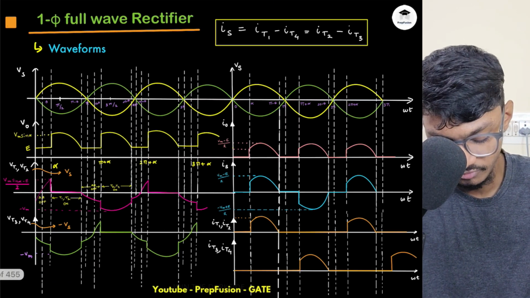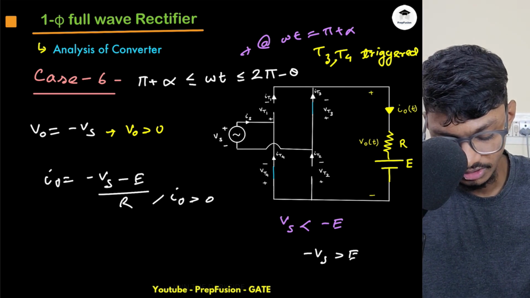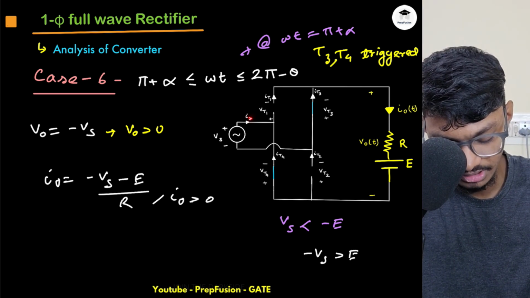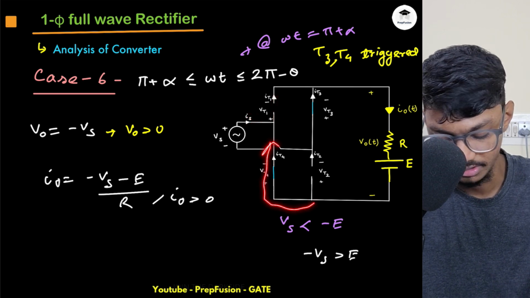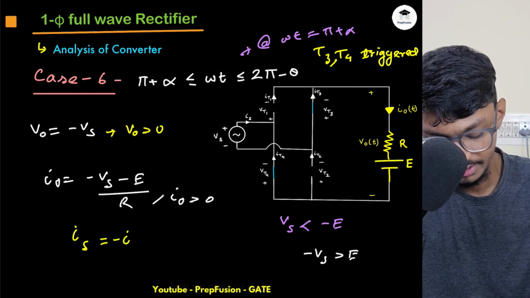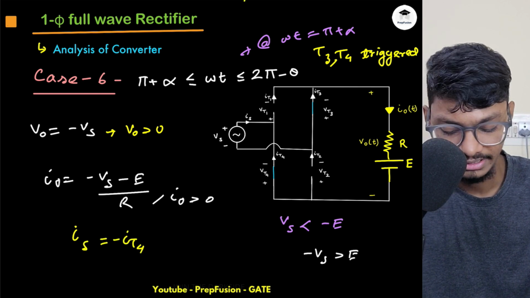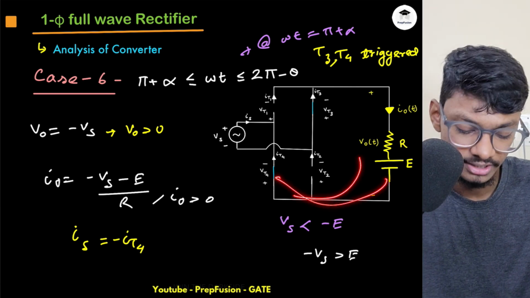Because here, I forgot to write one thing. In this case, what is my Is? Here some Is is coming. This IT1 is 0, but IT4 is coming here. So actually my Is equals minus IT4, and IT4 helps to take the current from the load.